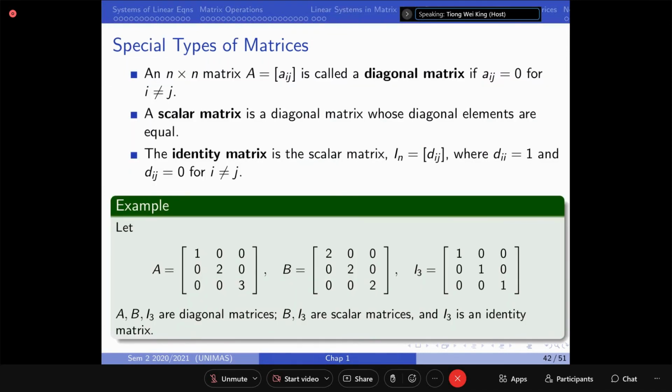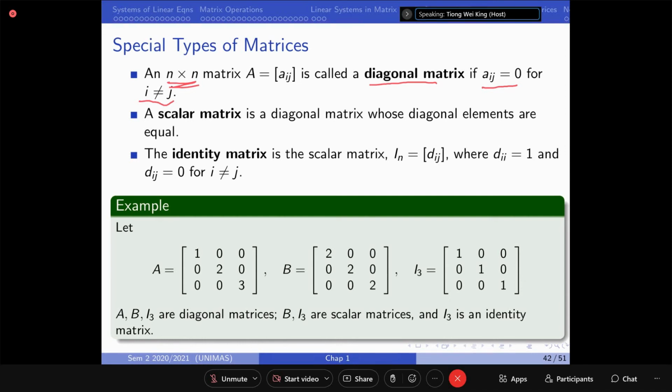Next are the special types of matrices. An n by n matrix is a square matrix. A square matrix is called a diagonal matrix if Aij equals 0 for i not equal to j, meaning only the diagonal has values and the rest are 0.